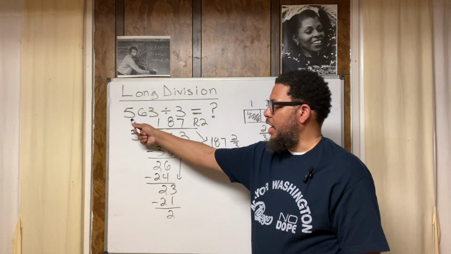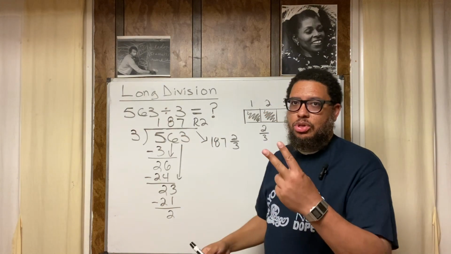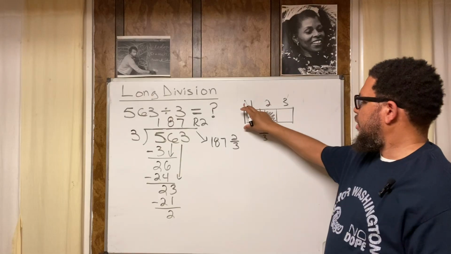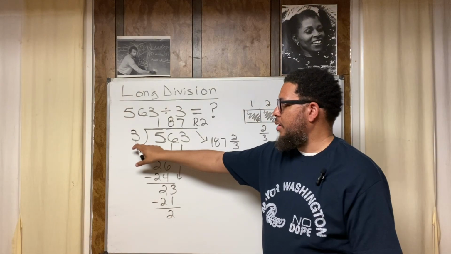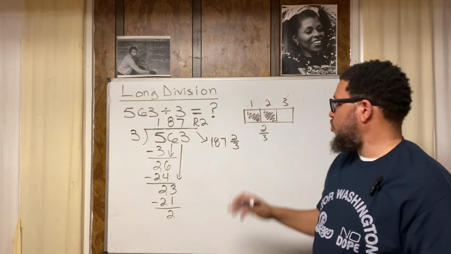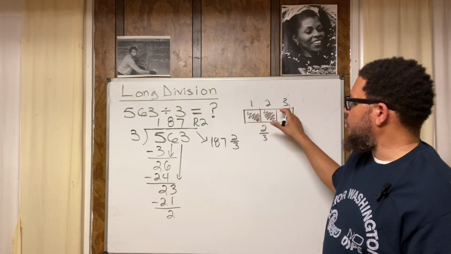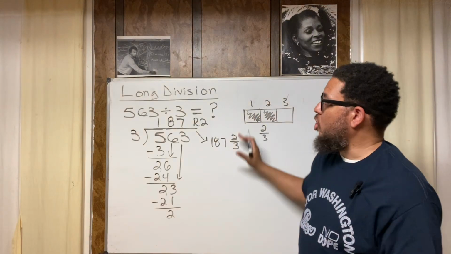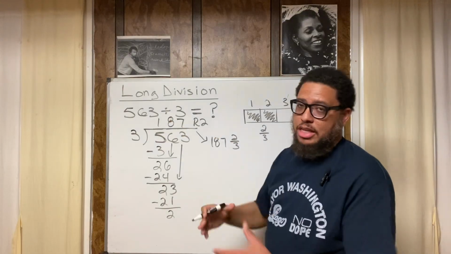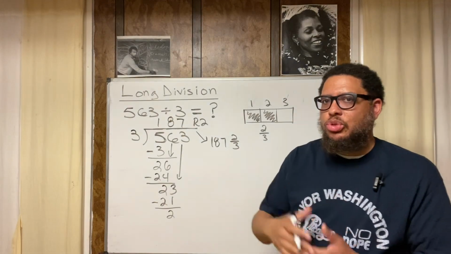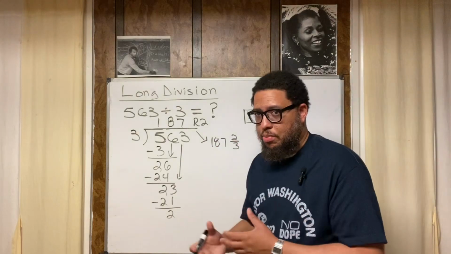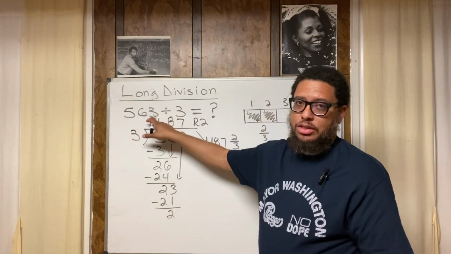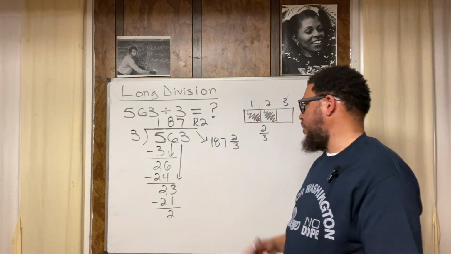What's the difference between 561 and 563? 2, right? 1, 2, 3 makes 3 because we're dealing with groups of 3. But if there's a difference of 2, that means 2/3 of 3 can also fit. So 187 whole threes and then 2/3 of another group of 3s. That's another way to write the answer.